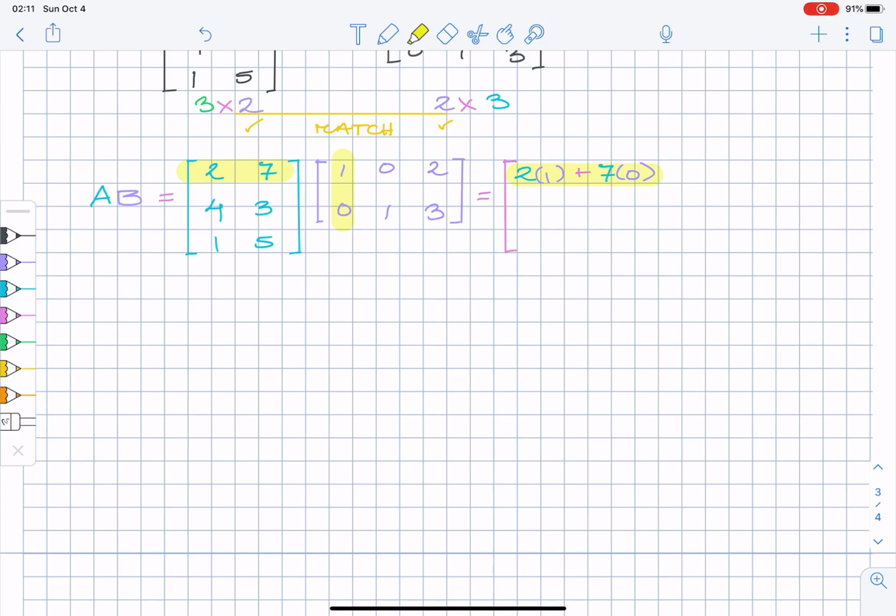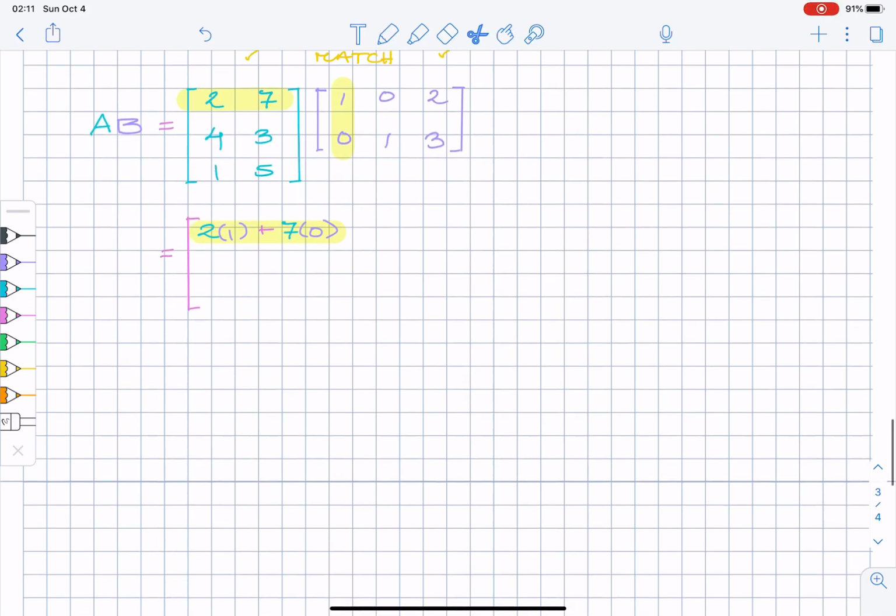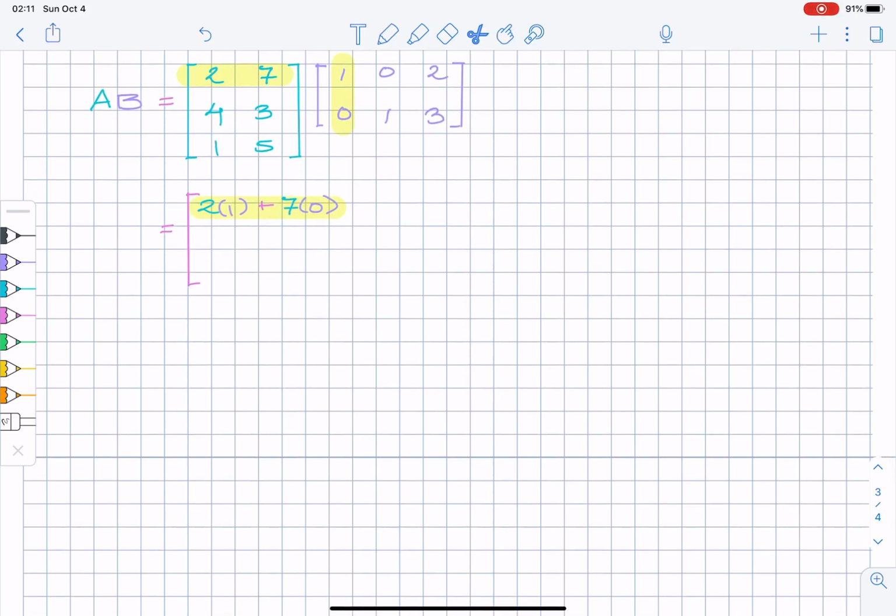So notice I've taken each entry in the row of A with the column of B. Actually, let me move this down so I can do this more explicitly. Okay, so what is the entry in the second row? I claim that'll be 4 times 1, because I'm still in the first column, plus 3 times 0.